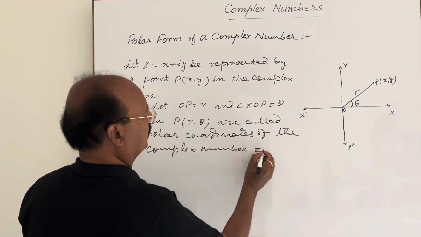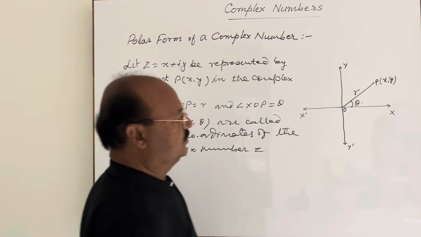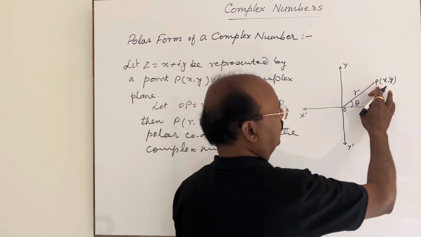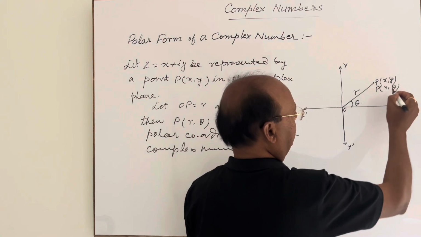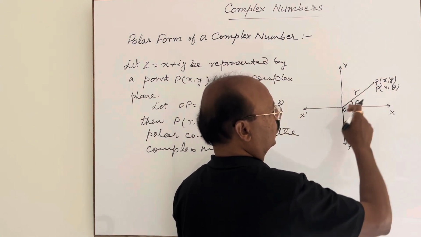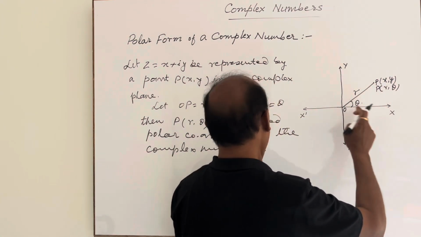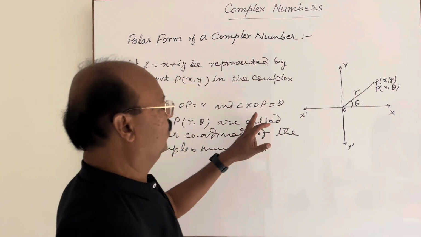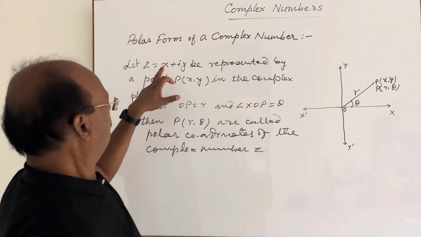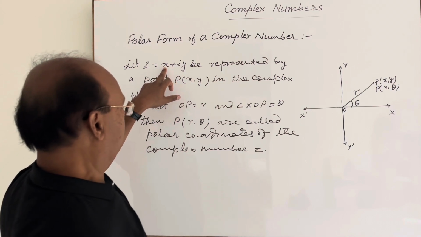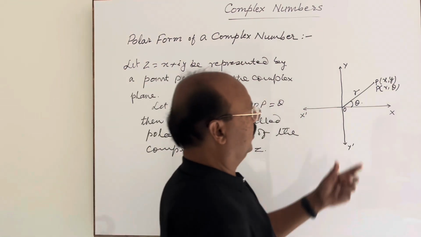So the same point P has coordinates (r, theta), where r is the distance OP and theta is the angle XOP. Now, in place of x and y we can write the corresponding values.